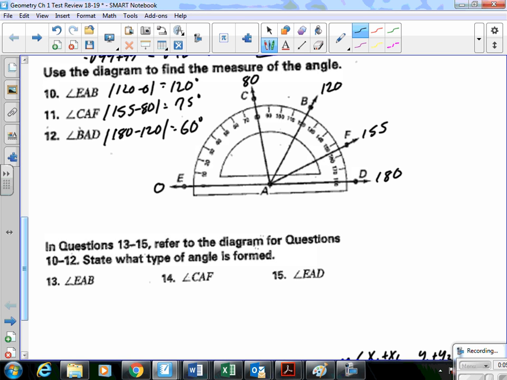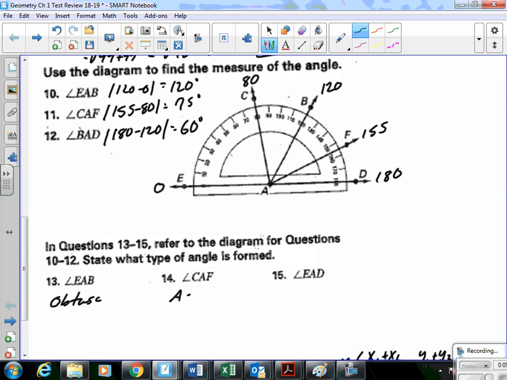All right, 13 through 15, we're still using that same diagram and just classifying the angles. Angle EAB, 120 degrees, so that's more than 90 but less than 180, which makes it obtuse. All right, angle CAF, which was the same angle from 11, which was 75 degrees. So 75 degrees is less than 90 degrees, more than 0.